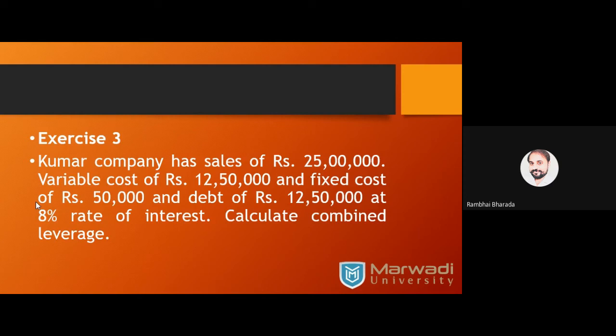Some securities are given to you on which we need to pay interest, and that is debt capital of rupees 12 lakh 50,000 and the rate of interest is 8%. Just tell me the answer. 12 lakh minus 1 lakh, so your profit before tax is 11 lakh.